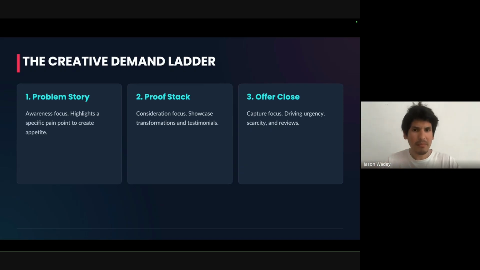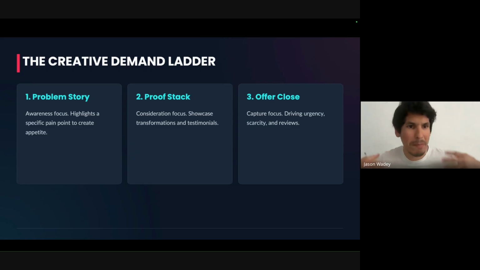But what you want to do is do this in a kind of artsy way, where you're able to, for instance, present a certain problem, from a top of funnel perspective, speaking about a specific pain point that is relatable to people.